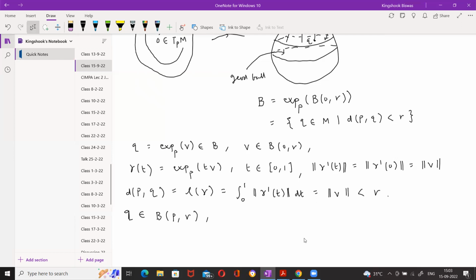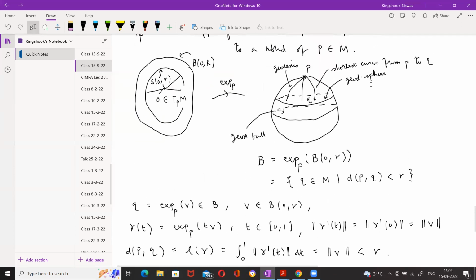So the geodesic ball B is contained inside the metric ball B(P, R). And what's not so clear immediately is that the converse is also true, that if the distance is less than R, then it is contained in this geodesic ball.